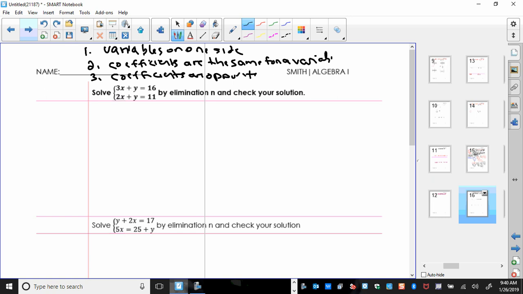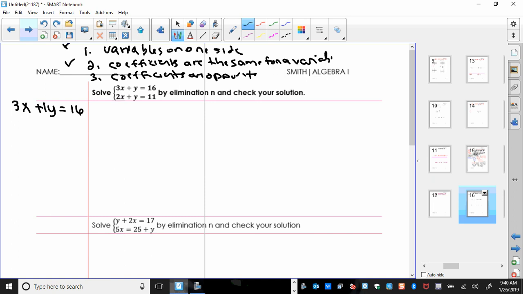Okay, so first, check off variables are on one side of the equation for both equations. Second, coefficients are the same for a variable. Check. Coefficients are opposites. No check. So how do we deal with that? So I'm going to rewrite my equations. 3x plus y equals 16.